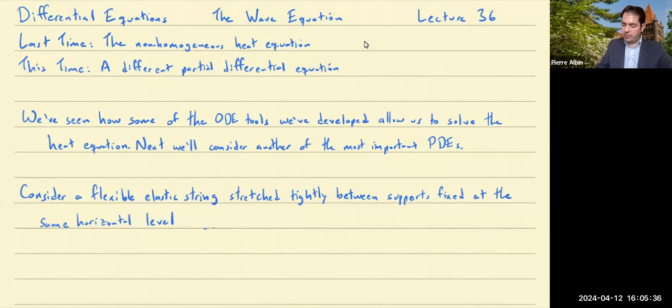Right, so it's a simple picture. So here's the x-axis, and we've fixed a string along the x-axis at x equal to 0 and x equal to L.